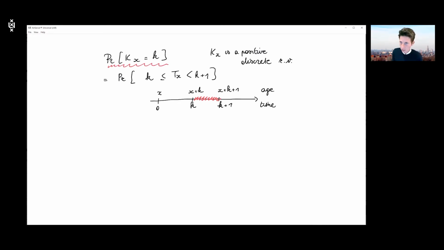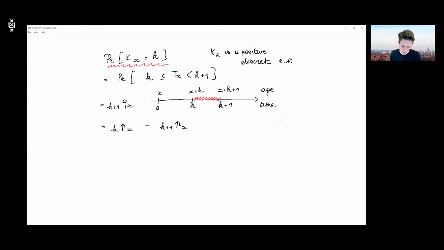If you look at the timeline, using our previously introduced notation, that is a deferred probability of dying. Namely, you need to survive k years, and then after reaching age x plus k, I want to know the probability that you will die within 1 year from there. So one way to rewrite this is the probability to survive k years minus the probability to survive k plus 1 years.